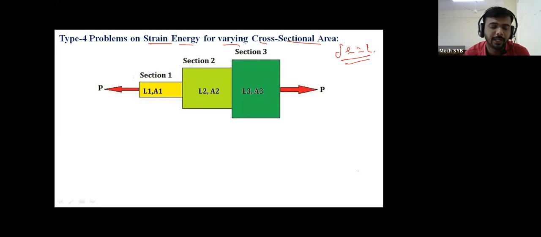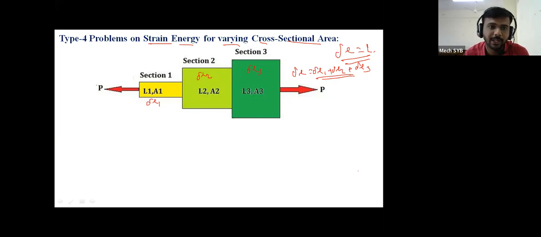And how have we calculated that elongation? Total deformation is equal to delta L1 plus delta L2 plus delta L3. That means if this particular bar is subjected to the external load P, I am calculating the separate deformation of section number 1 as delta L1, the separate deformation for section 2 as delta L2, and the separate deformation for section 3 as delta L3.